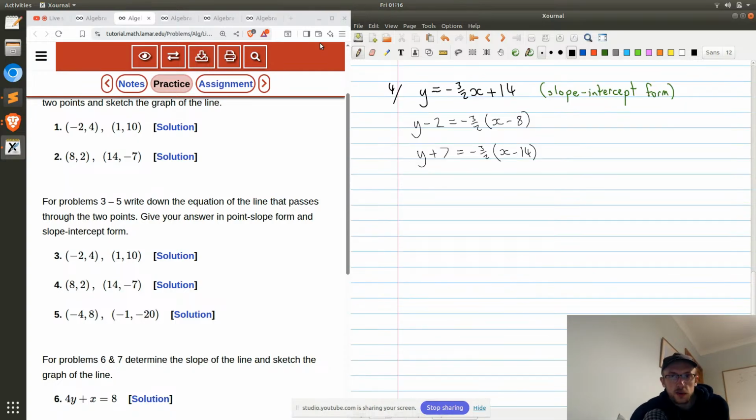And now to do it with the fifth one. Okay, so the slope: minus 20, minus 8, minus 28. Minus 1, minus 4 is minus 1 plus 4, which is 3.